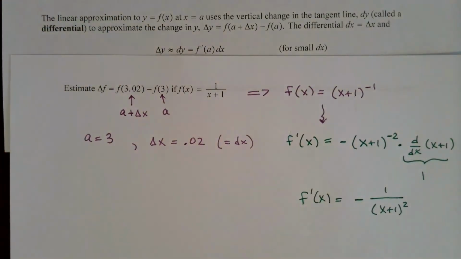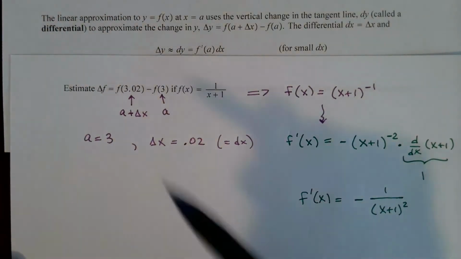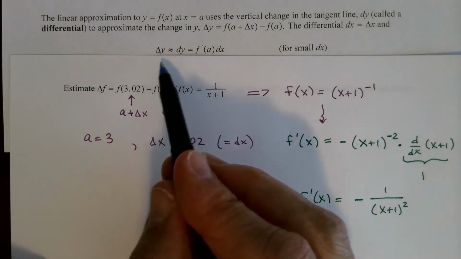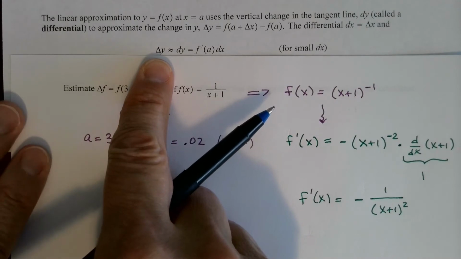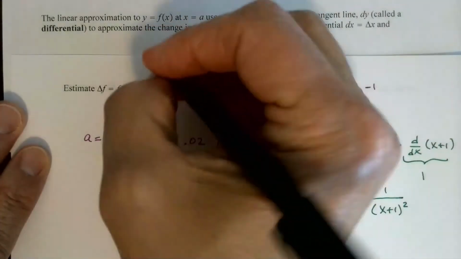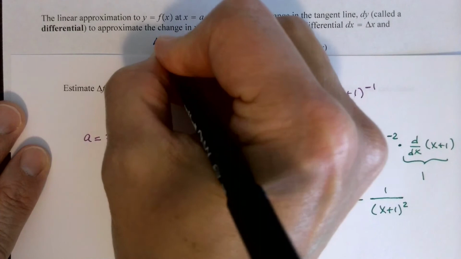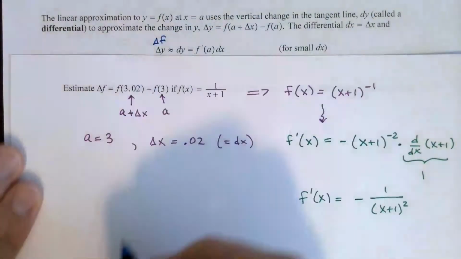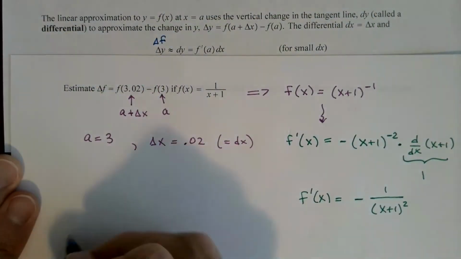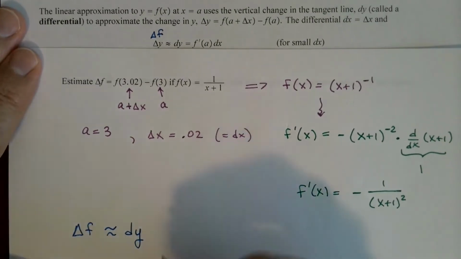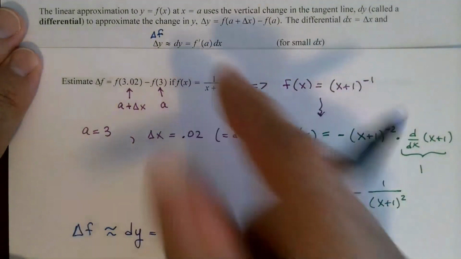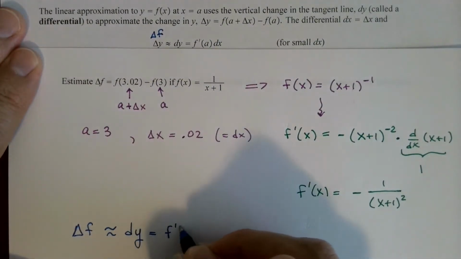Okay. And now we're just going to estimate the change in the function here. Again, change in y or change in f are used interchangeably, as I said. So that's what we're looking for, estimating the change in f. The change in f is approximately this differential dy, which is equal to f prime of a times dx.